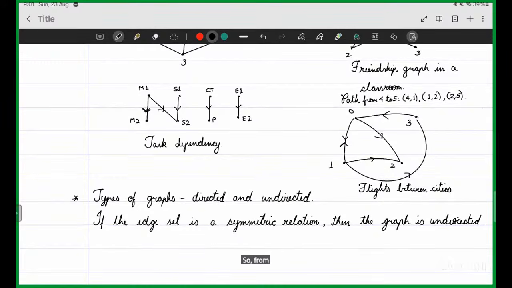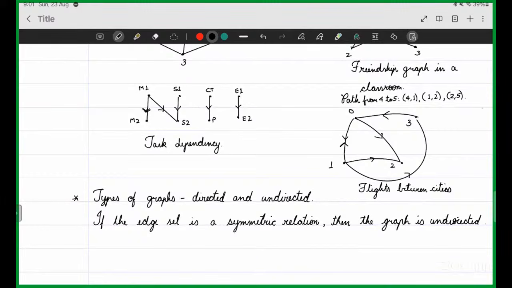From 1, what are the reachable vertices? It may be 2 and 0, and it will be 3. From 1 to 2, and 1 to 0, and then from 0 to 3 we can go. So I think 0, 2, and 3. Yes.